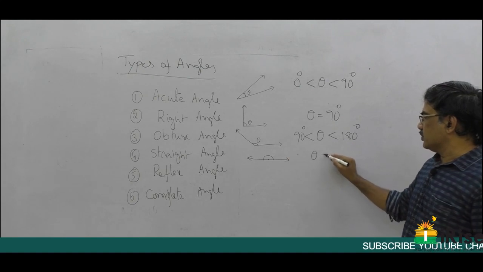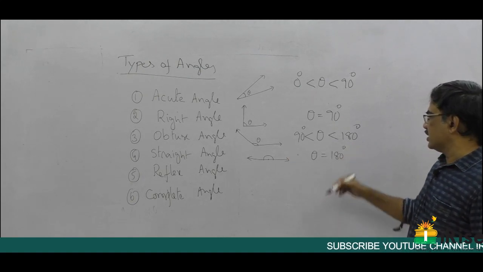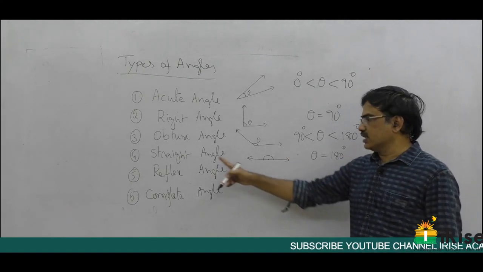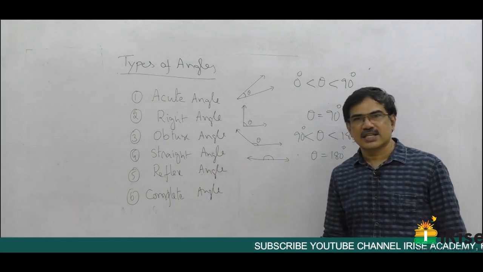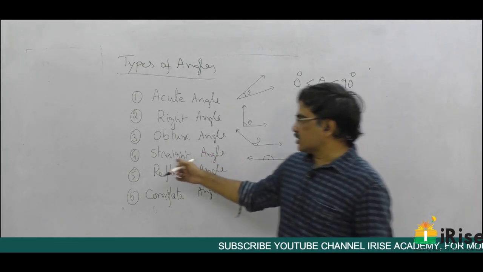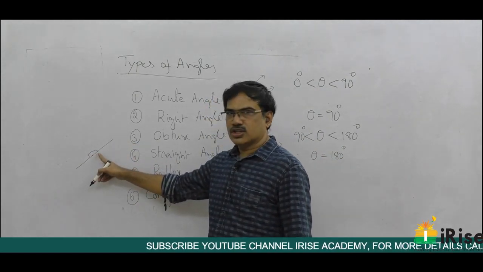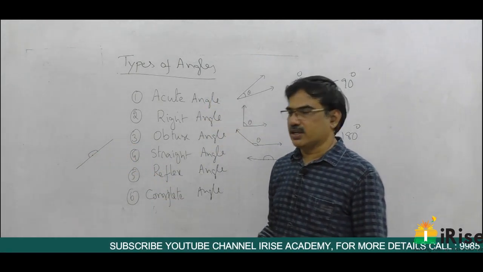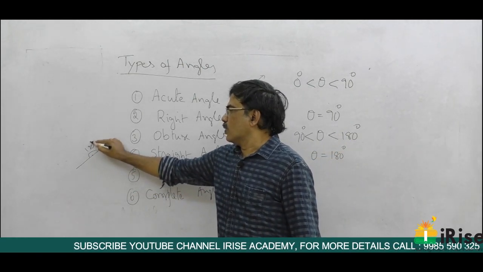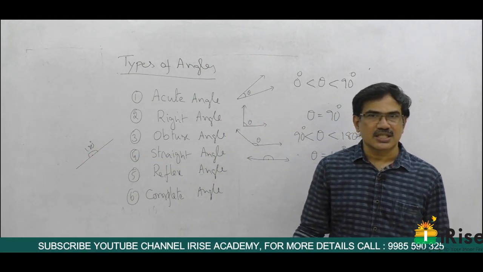If the angle between two rays is exactly 180 degrees, then it is called a straight angle. The straight angle is nothing but the angle at any point on a line. The angle at any point on a line is always 180 degrees.